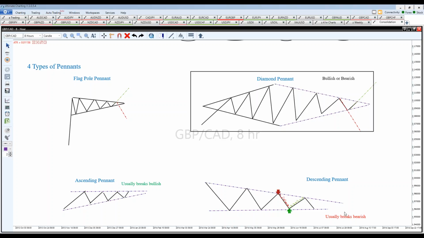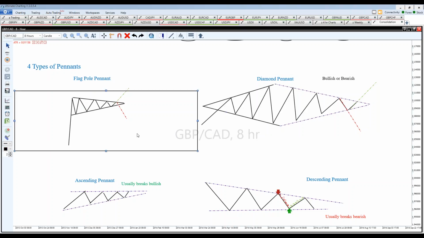Now, we're going to be talking about 4 types of pennants. We have the flagpole pennant, which is this one to the left, where the market is moving within a swing.